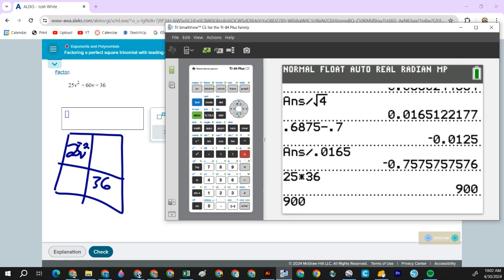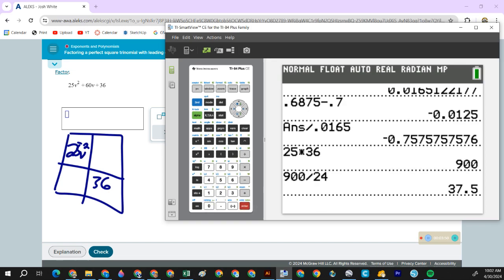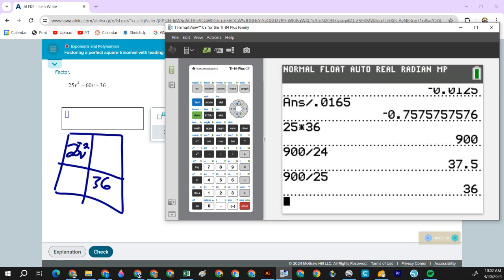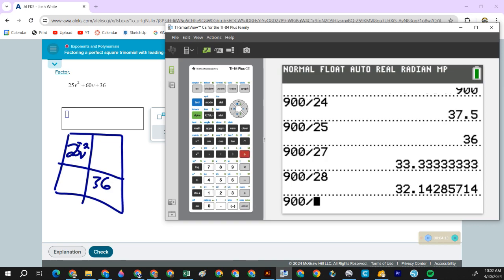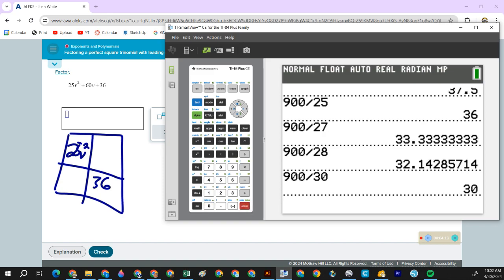So 900 divided by 24, that didn't work. 900 divided by 25, 25 and 36 don't add up to 60. 900 divided by 26 is not going to work. 27, nope. 900 divided by 28, nope. 900 divided by 29 is prime, so I'm going to skip to 30. There it is.